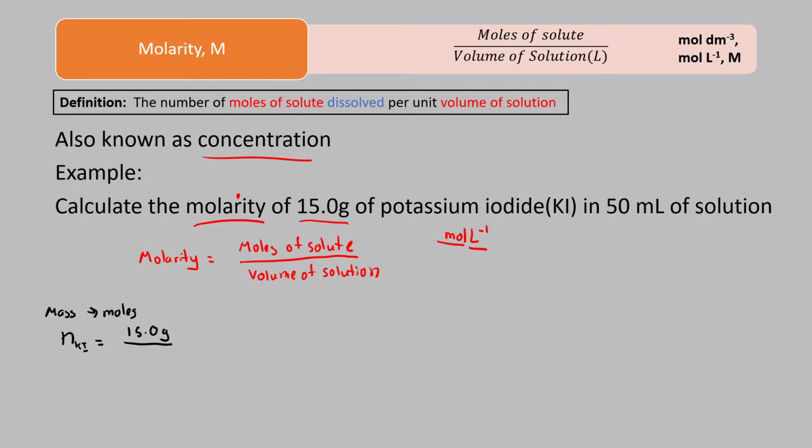Alright, so potassium, how much? 39.098 plus iodine, how much? 126.905. Okay, can somebody calculate it for me? Tolong kira.